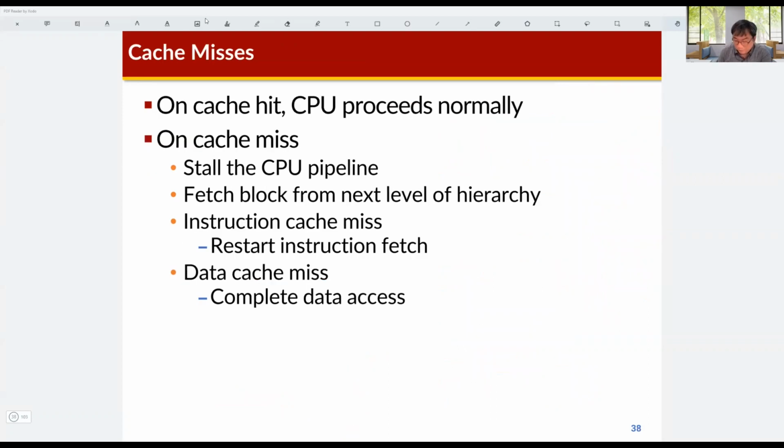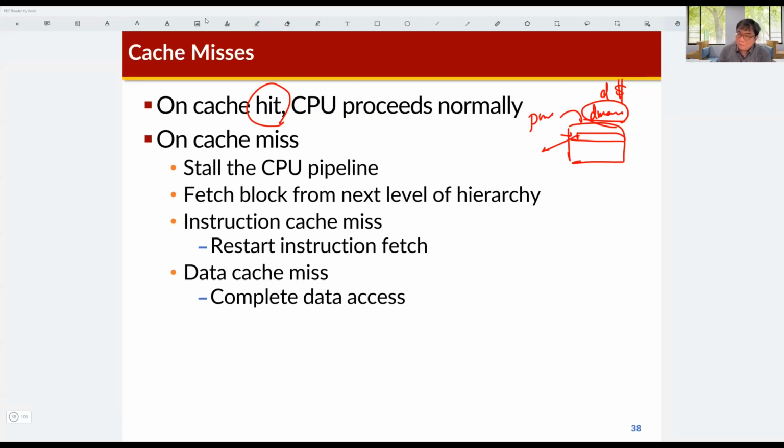So let's see the behavior of the processor for a cache hit and a cache miss. A cache hit means that the requested data is found in the cache. So it looks like the processor accesses the data memory, because this is actually the data cache, and the requested data is found in this cache.